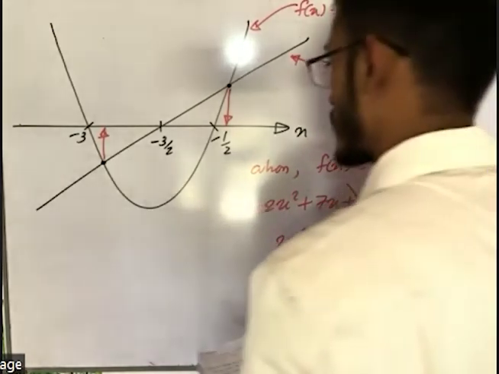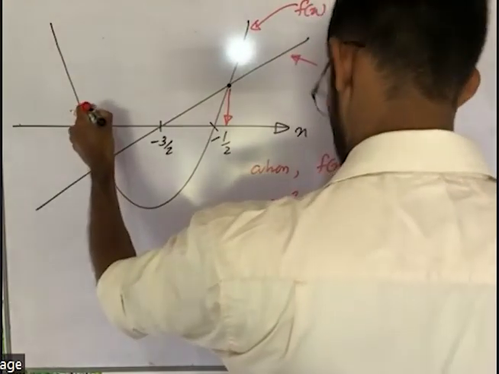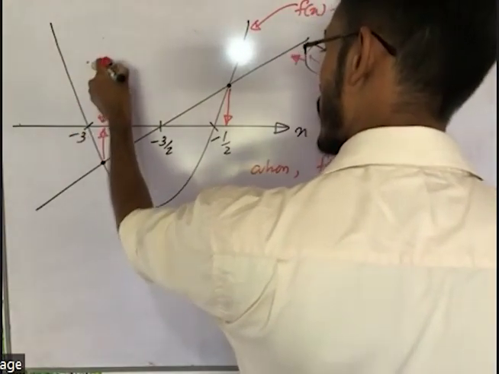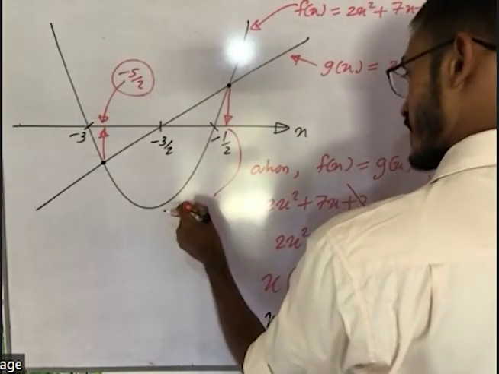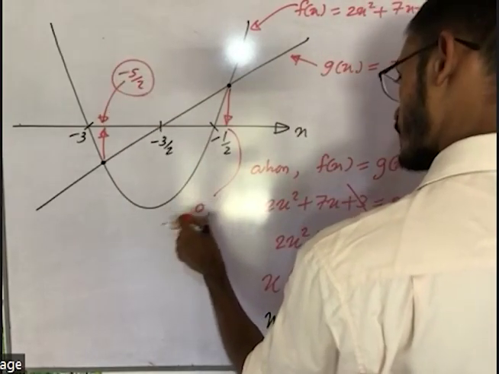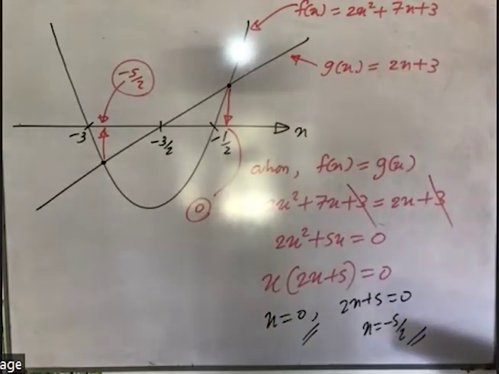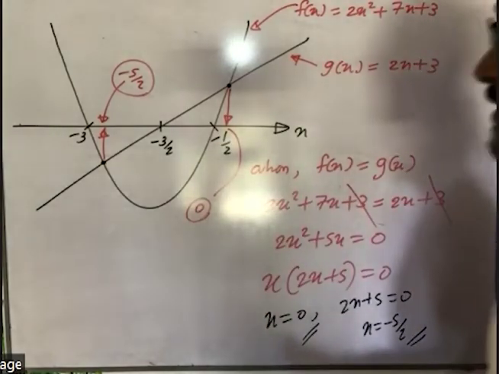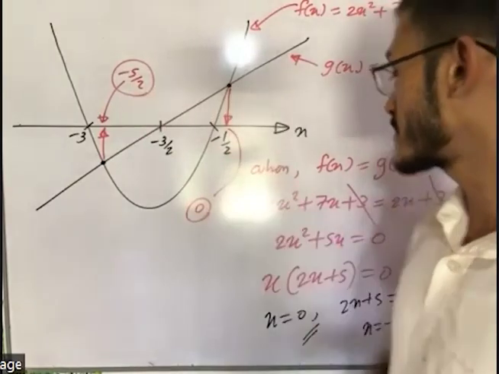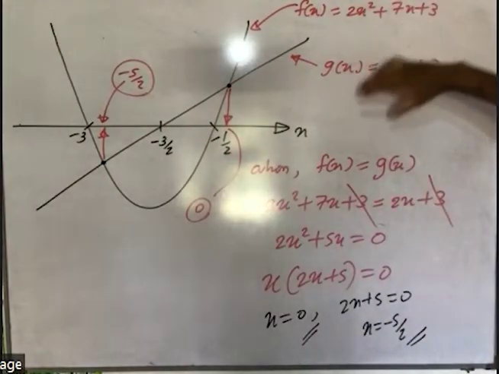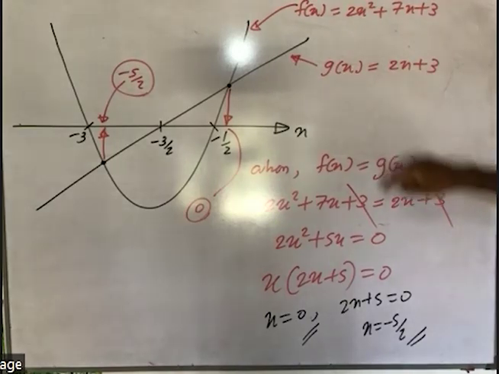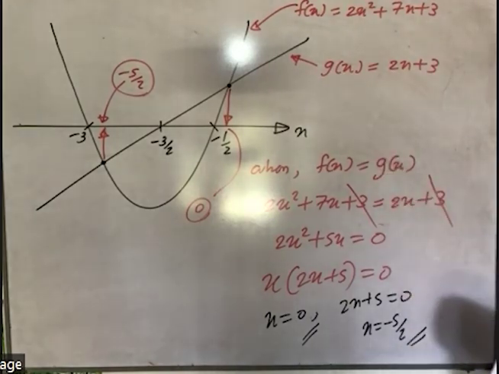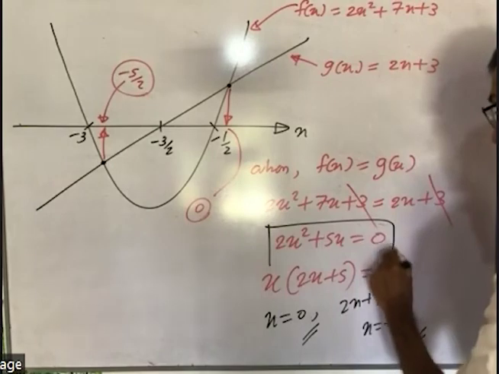Right. So here we have minus 5 over 2, and here we have 0. Right. So the intersection points of these two functions are minus 5 over 2 and 0. That means the solutions to this equation. So this is the equation. When you equal these two, you get this equation, right? 2x square plus 5x.